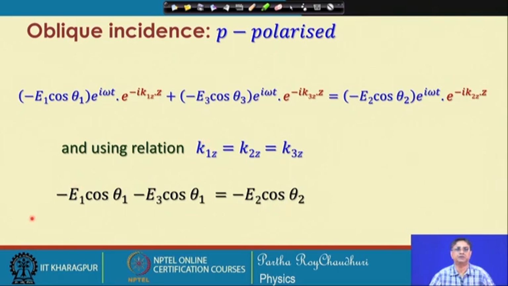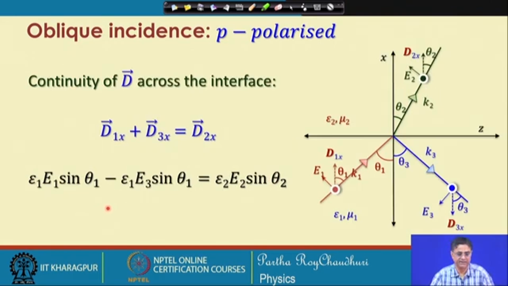Then we end up with a reduced form of this continuity equation: E 1 cosine theta 1 minus E 3 cosine theta 1, which gives the expression for the incident wave and reflected wave electric field, will be equal to the electric field component of the transmitted wave.